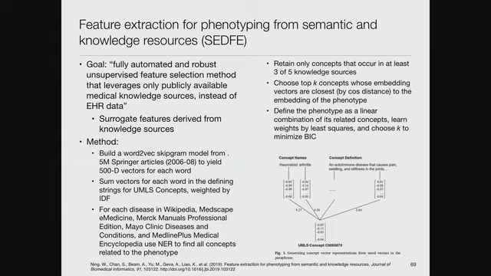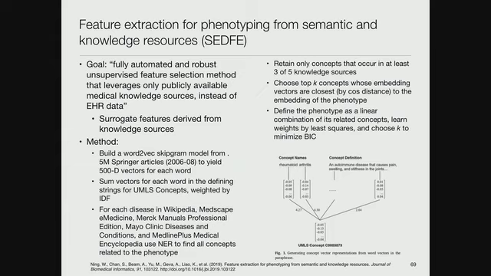So these are published medical articles to yield 500 dimensional vectors for each word. And then what they did is they took the concept names that they were interested in and their definitions from the UMLS. And then they summed the word vectors for each of these words, weighted by inverse document frequency. So it's sort of a TF-IDF-like approach to weight different words.